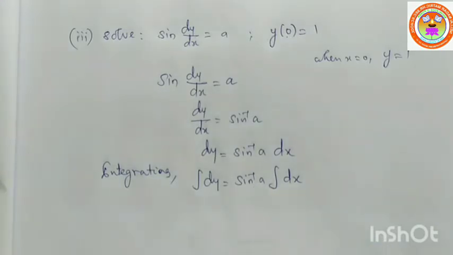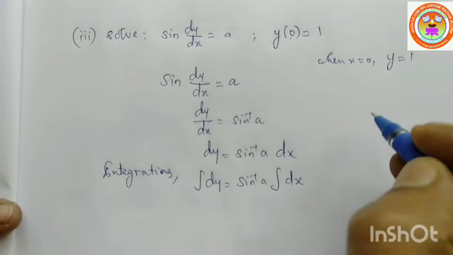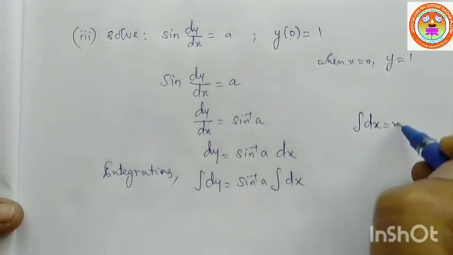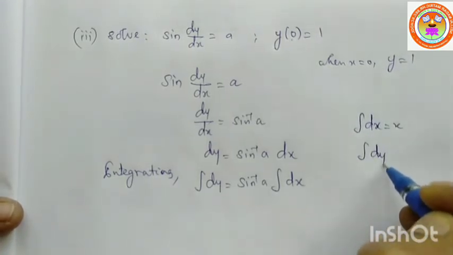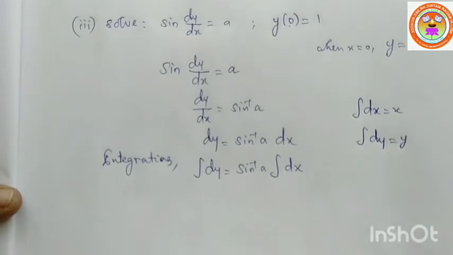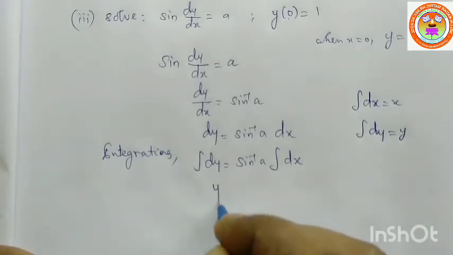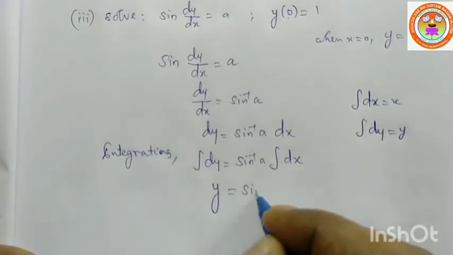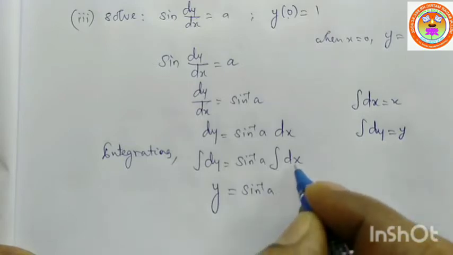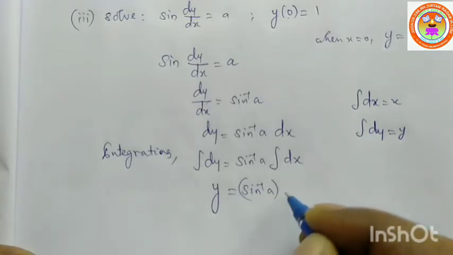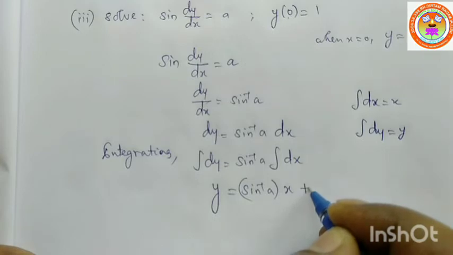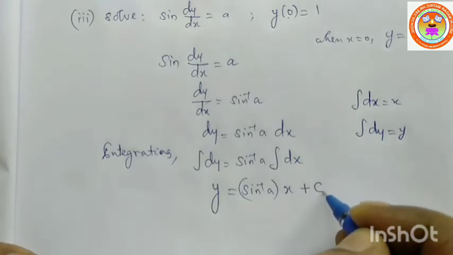Now, what is integral of dx? Integral of dx is x. Integral of dy is y. So this term will become y, and the other side sine inverse of a into x. After integrating, we have to add the integrating constant, that is c.